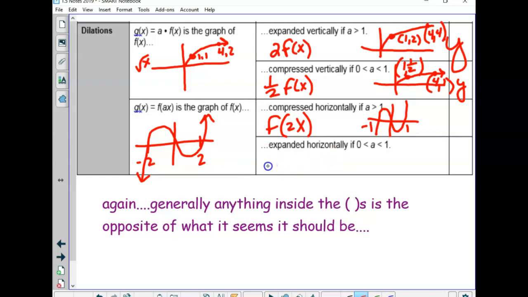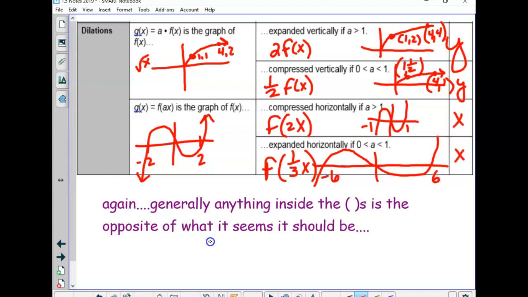If it is expanded horizontally, like f of 1/3 x, okay, it's going to go all the way out here to -6 and +6. It is changing x values for both of those.